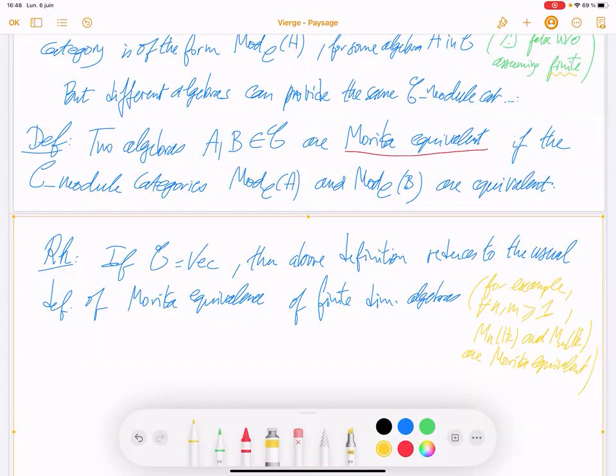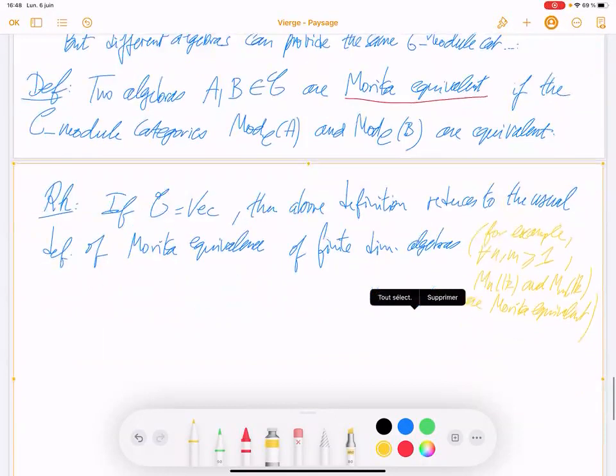So every matrix algebra is equivalent to K itself. If you take n equal 1, then M_n(K) is K. So this is a basic example of Morita equivalence for finite dimensional algebras. Every matrix algebra is Morita equivalent. Okay.